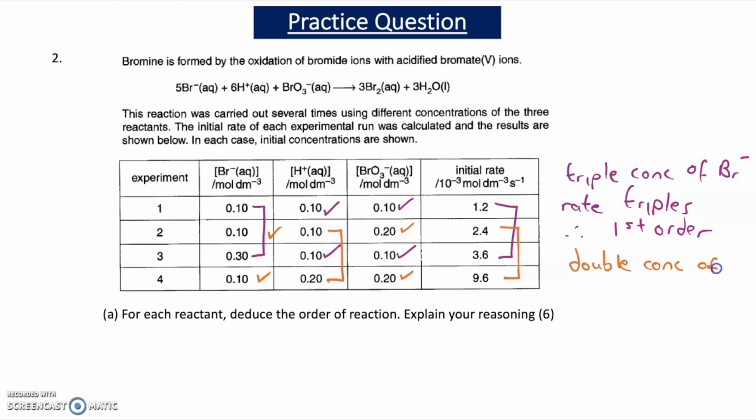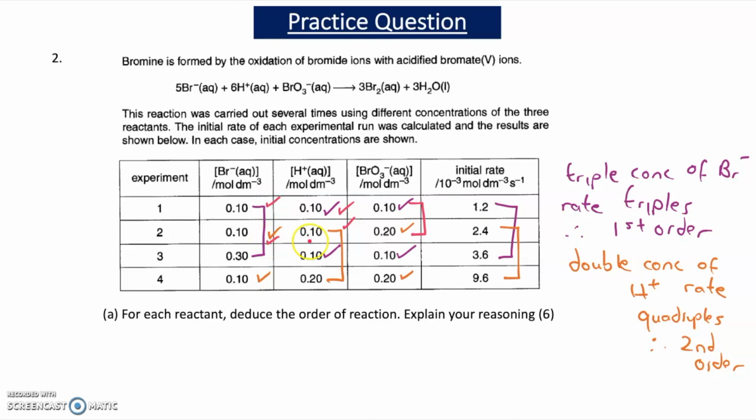So if I double the concentration of H+ ions here, keeping the other reactants the same, we will see that the rate quadruples from 2.4 to 9.6 times 10 to the minus 3 moles per decimeter cubed seconds to the minus 1. So as the rate quadruples when I double the concentration of H+ ions, it is a second order relationship. So the order with respect to H+ is second order.